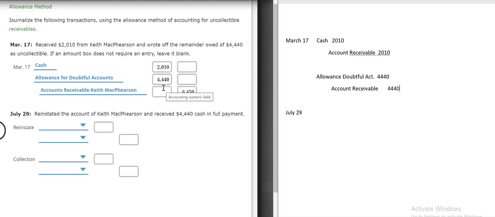On the exam, it's important for you to realize that when we use the allowance method and we're writing off this customer and removing 4,440 from the account receivable, this entry is what we call the write-off. When we're writing off with this allowance method, we're not affecting the income statement like we did when we were using the direct method. So keep that in mind.